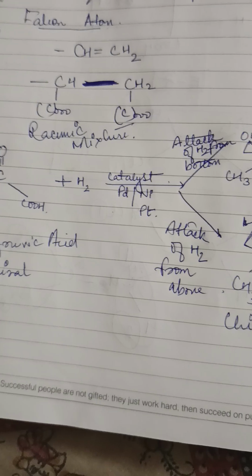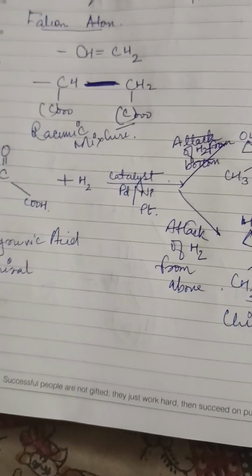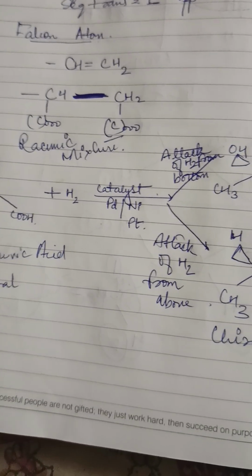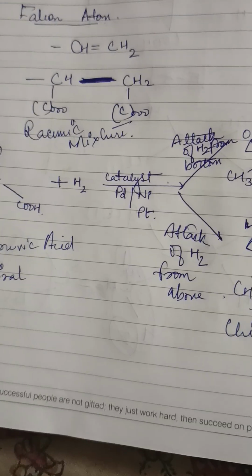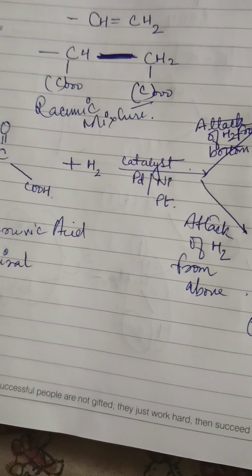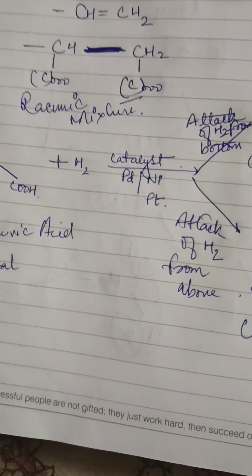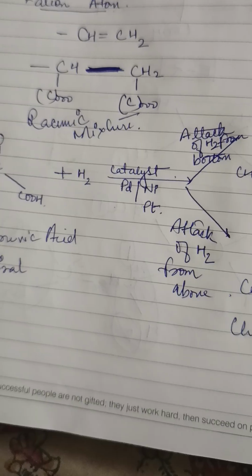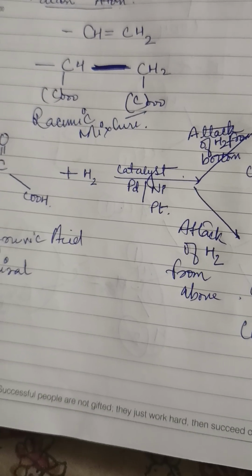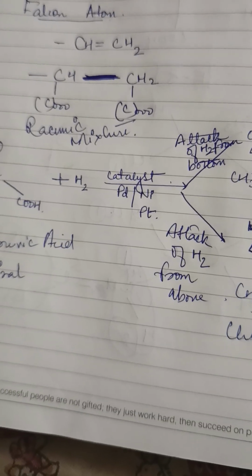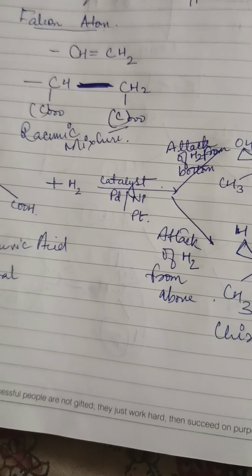So 50% of the mixture contains the plus enantiomer, 50% the minus enantiomer. One tries to rotate the plane of polarization of light towards the left, and the other towards the right. As a result, there is no optical activity of such a compound. Exact cancellation of all the rotations occurs. Such an equimolar mixture of two enantiomers is called racemic mixture.